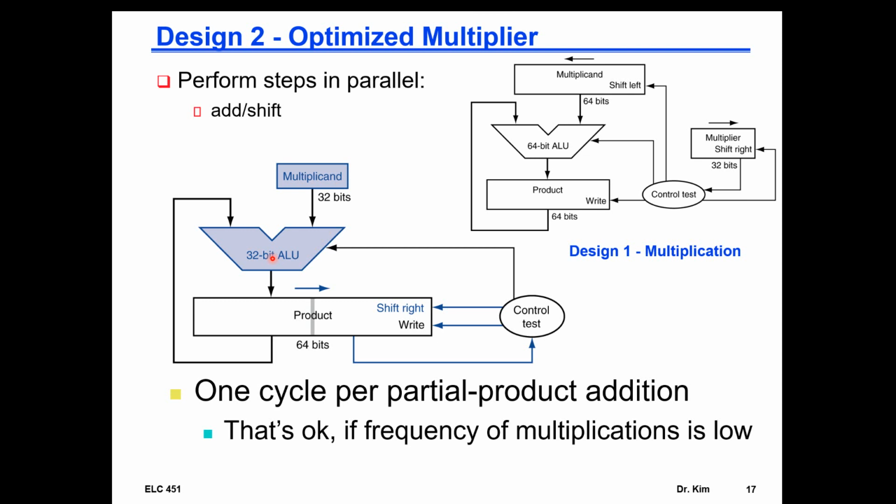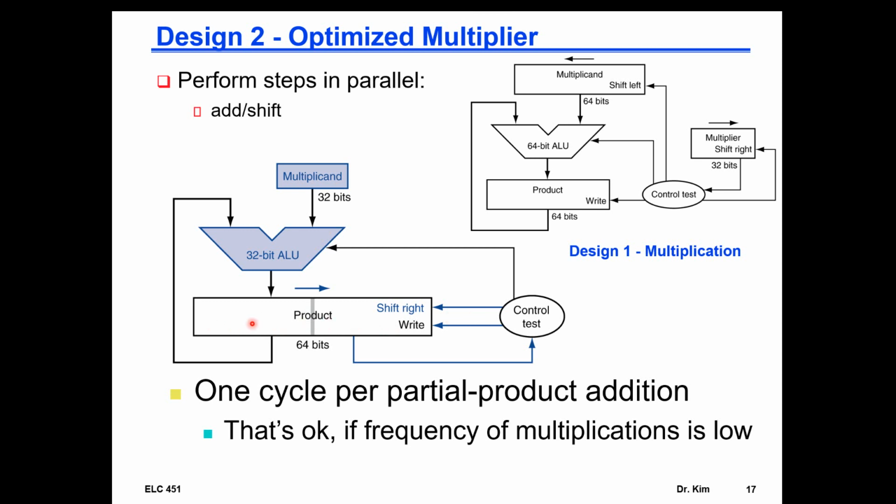And we're going to do the same process. We're going to look at the bit, and if it's 0, we inhibit, and if it's 1, we add into the upper 32 bits, and then we shift right, the whole thing.